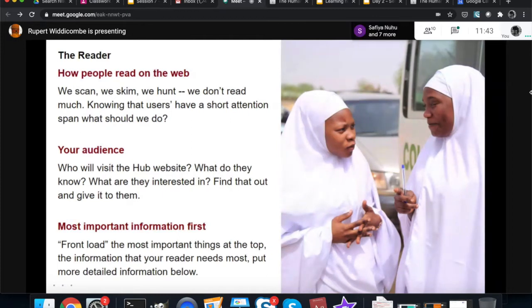But specifically talking about the hub website, you also need to think about who's going to be visiting. What sort of things do they know? What are they interested in? And if you don't know the answer to those questions already, you should try and find out. So who are the people? It could range, I think.